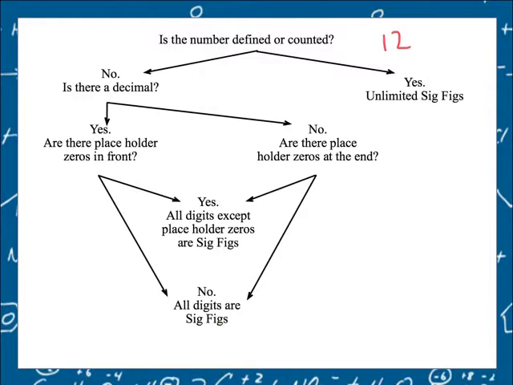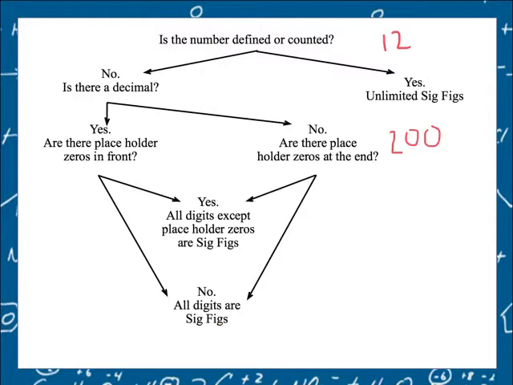You then need to ask yourself, is there a decimal? If there is not a decimal, are there placeholders at the end? What I mean by placeholder zeros is like in our example of 200. These would be placeholder zeros. If there are placeholders at the end, all the digits except the placeholder zeros are significant.